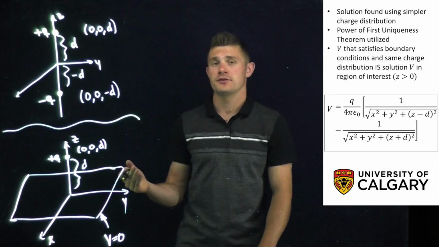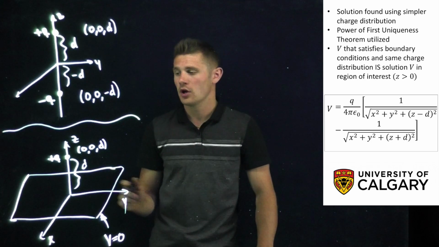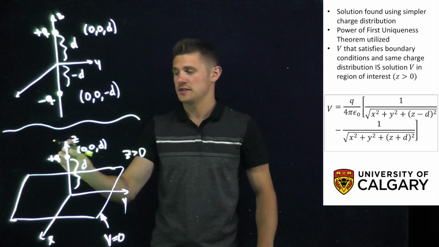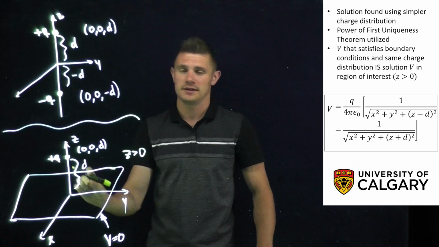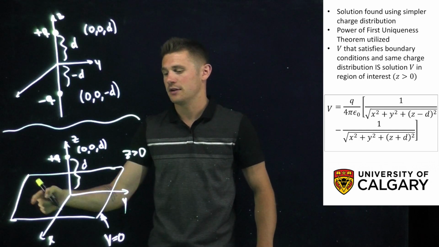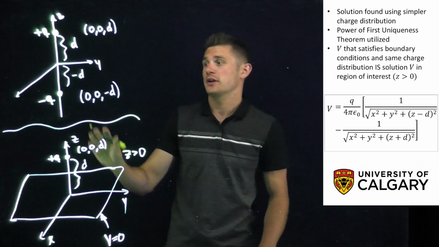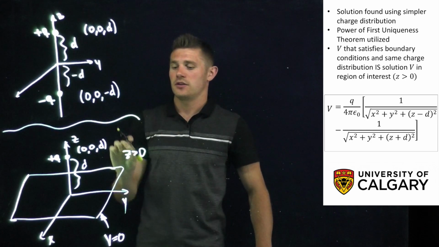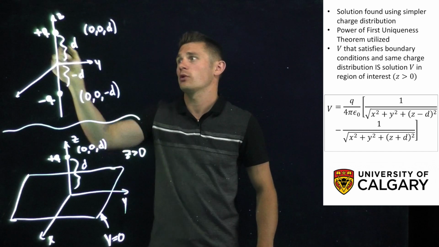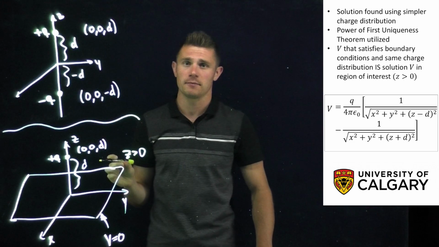So we refer back to the charge distribution which we started with at the beginning of this classic image problem. We find that in the region z greater than 0, we have a single point charge, positive q, a distance d above the xy plane, and in this setup, above an infinite conducting grounded plane where the potential V is equal to 0. If we look at this setup above, we see that in the region z greater than 0, we have the exact same charge distribution, where positive q is the only point charge at distance d above the xy plane.